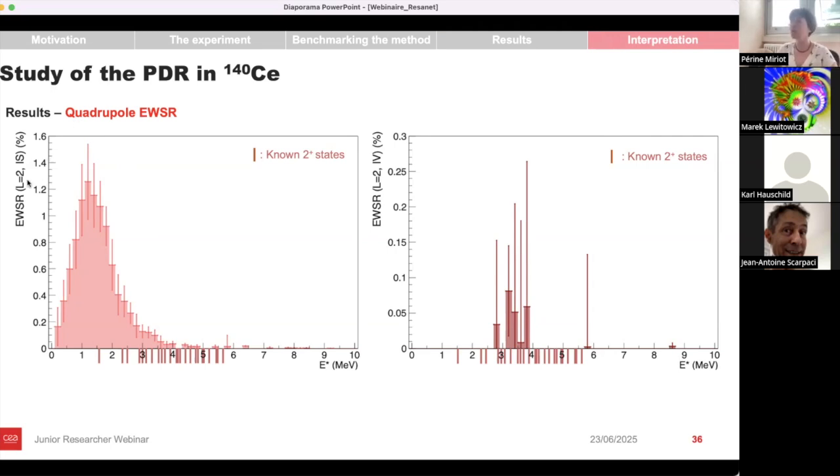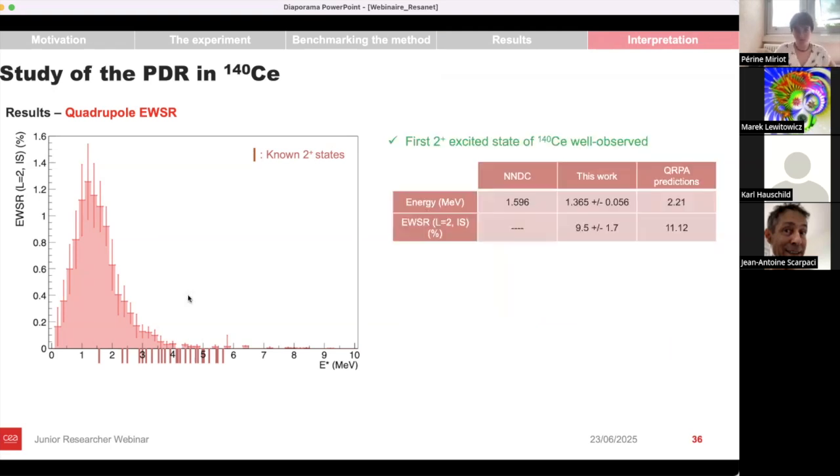And you have here the result of the quadrupole contribution: on the left for the isoscalar quadrupole contribution, and on the right for the isovector quadrupole contribution. Here the experimental values are compared with the non-2+ state of 140Ce. In particular, if we look at the isoscalar quadrupole strength, I extracted a contribution that corresponds to the first non-2+ excited state of 140Ce, which is located at 1.6 MeV.